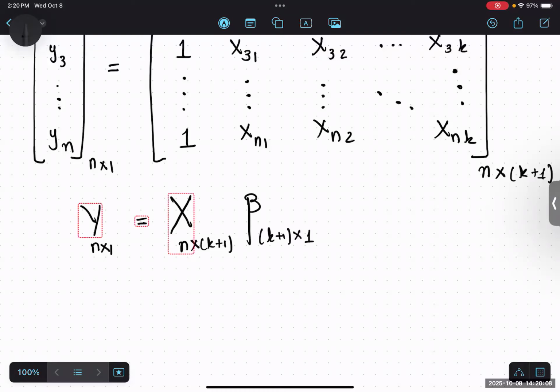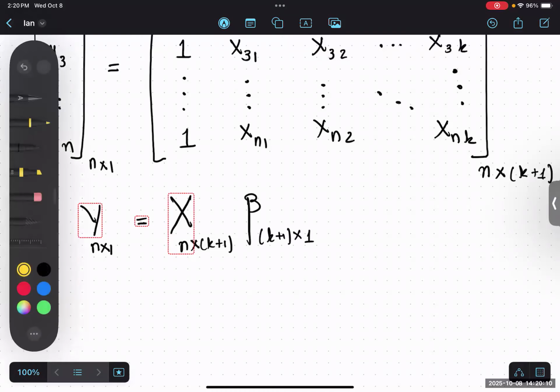And one of the things that we know from previous videos is that if there is a coincidence in the number of columns of the first matrix and the number of rows of the second matrix, then you are allowed to make this product, which is our case. So we are good. And of course, there is at the end a vector epsilon, which includes the error term. And this vector has dimensions n times 1.